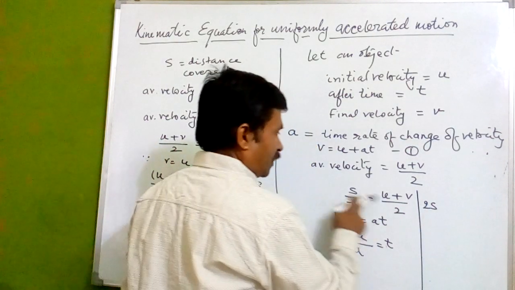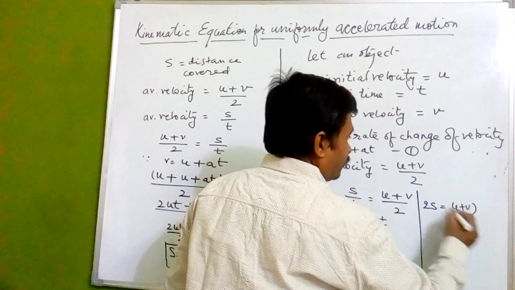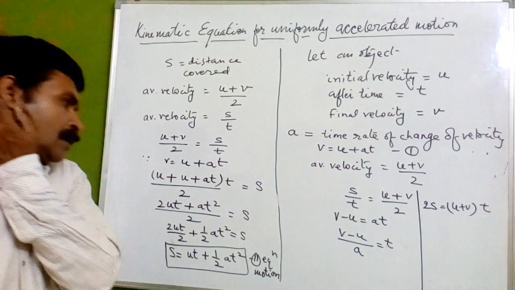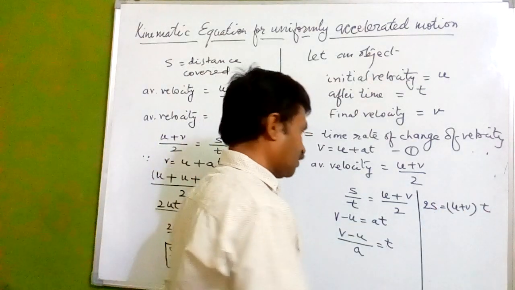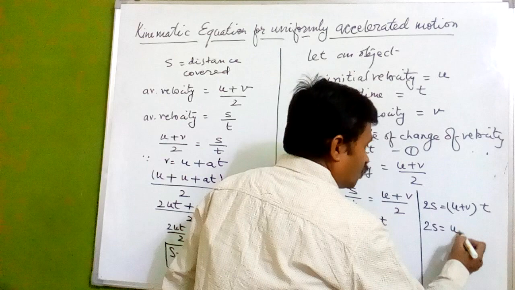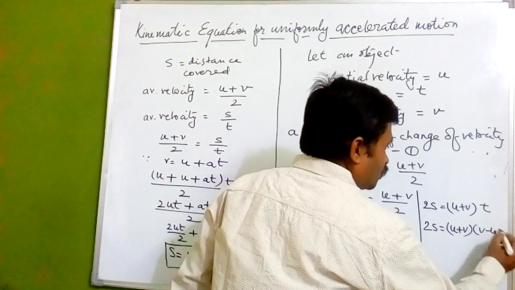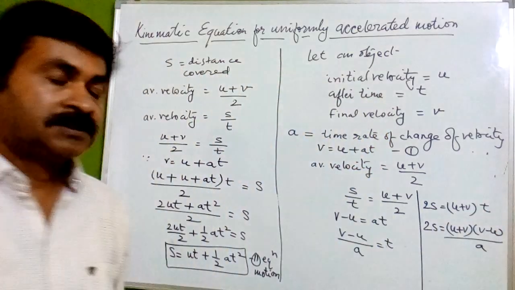2s, I am multiplying this with this: (u plus v) multiplying this time t over here. Now we have got this relation. We can substitute this relation here now. So it is 2s, which is equal to (u plus v) into (v minus u) upon a. We have substituted the value of t.